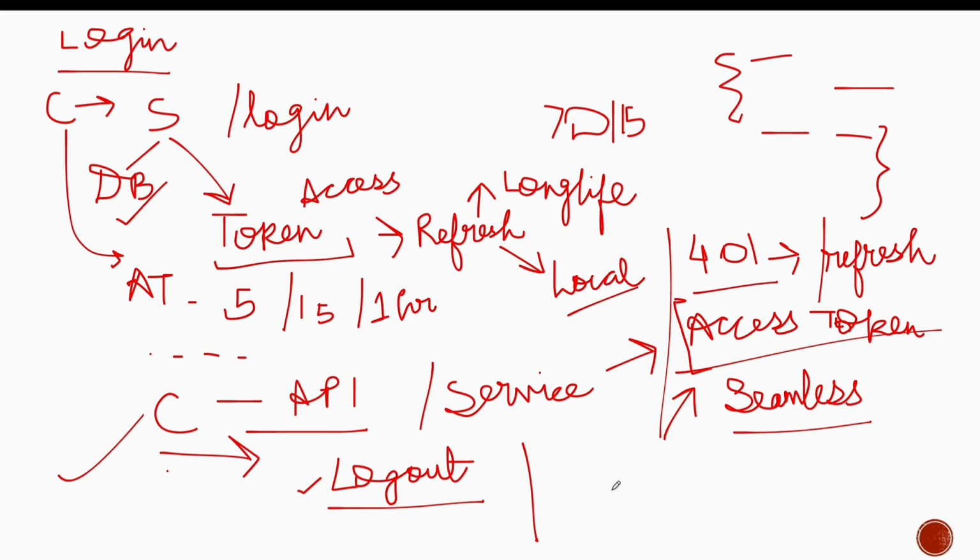And this type of scenario is used in Google, in AWS, in OAuth2, in Okta. That is, whenever the user decides to log out, the server invalidates or removes the old token, deletes it from the database, and the access token expires on its own, and when the user logs in again, a new refresh token and new access token is provided.